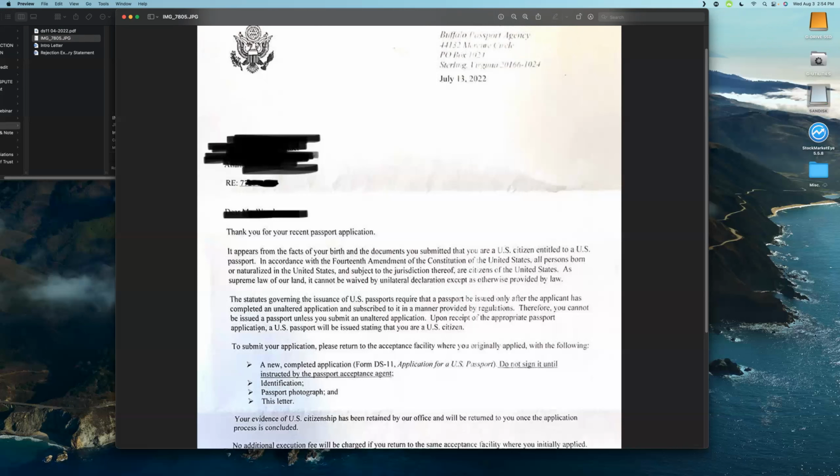Therefore, you cannot be issued a passport unless you submit an unaltered application." So this is what happened. Prior to 2020, the older DS-11 forms allowed us to provide certain markings and crossing out of information on the application to deem that it was valid.